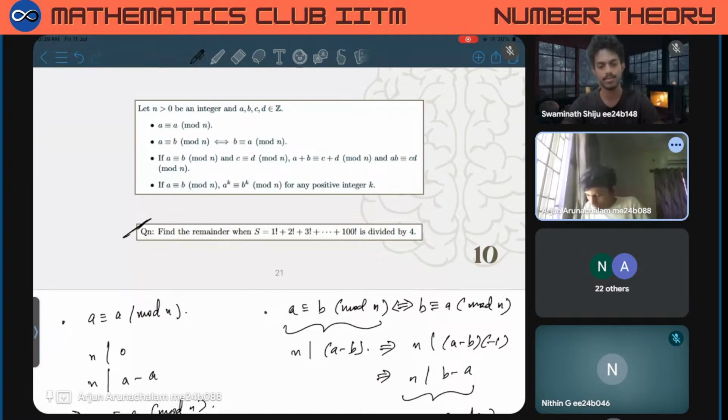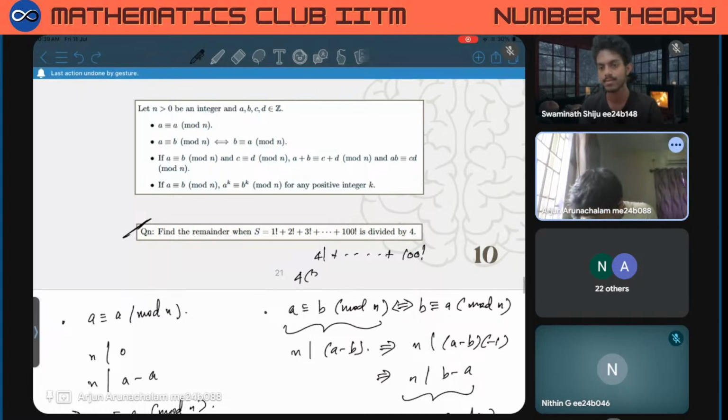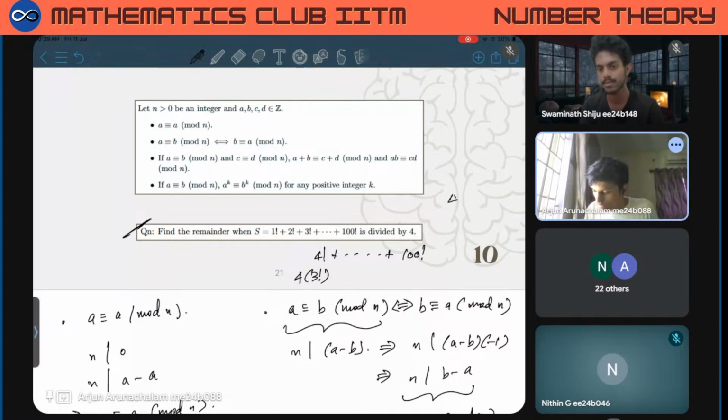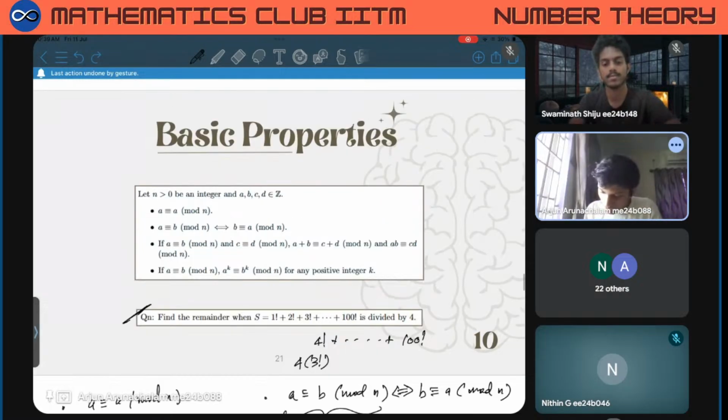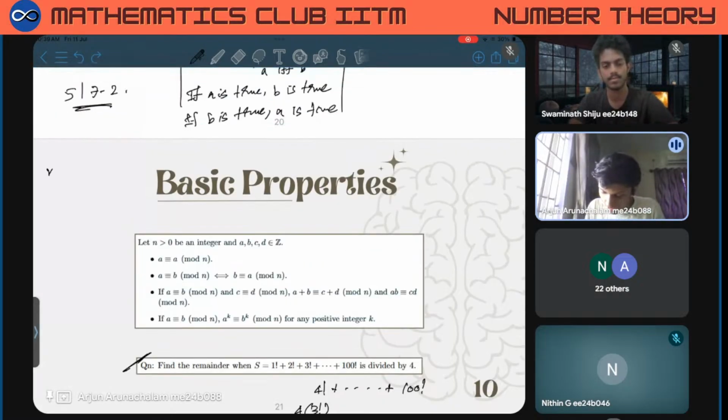So basically, observe that from 4 factorial onwards, this is 4 into 3 factorial, right? So clearly 4 divides 4 factorial. Yeah, so another thing, if n divides a, then a is congruent to 0 mod n, because a minus 0 is divisible by n.